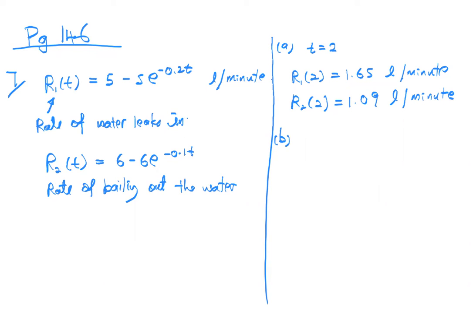So you say it's increasing because R1(2) is greater than R2(2), correct? That's all. Explain your answer. The rate of leaking in is higher than the rate of bailing out.